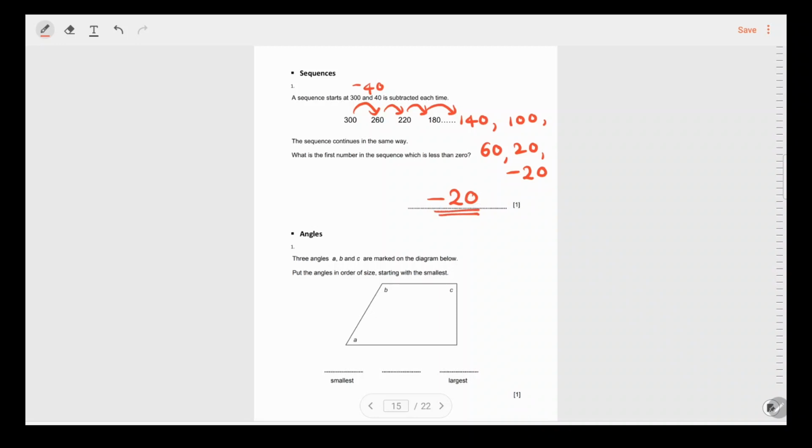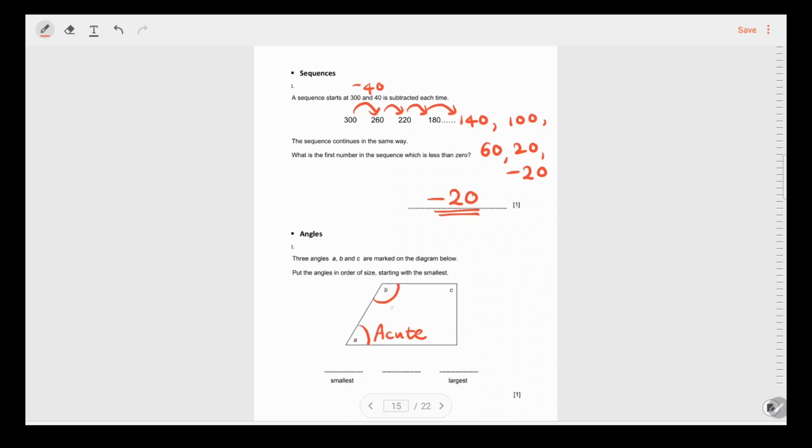Great. So the next topic is angles. Here we have three angles A, B, and C, which are marked on the diagram. And we are supposed to order these in size, starting with the smallest. Here, A is an acute angle, which is less than 90.